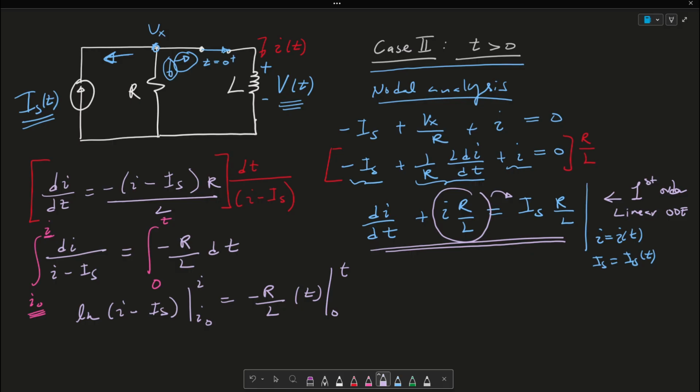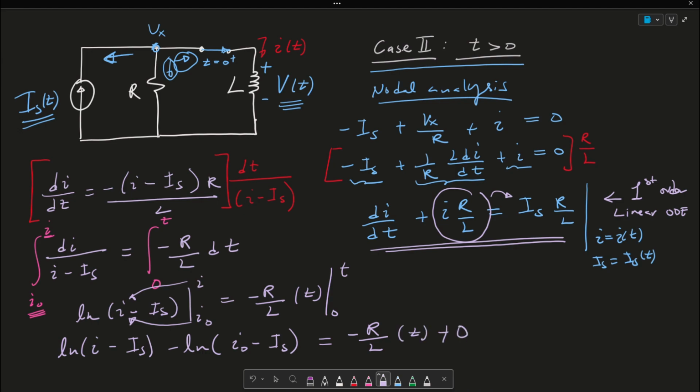If I keep on going, I distribute my limits into this formula. So then this becomes ln of I minus is minus ln of I0 minus is is equated to minus R over L times t plus 0.